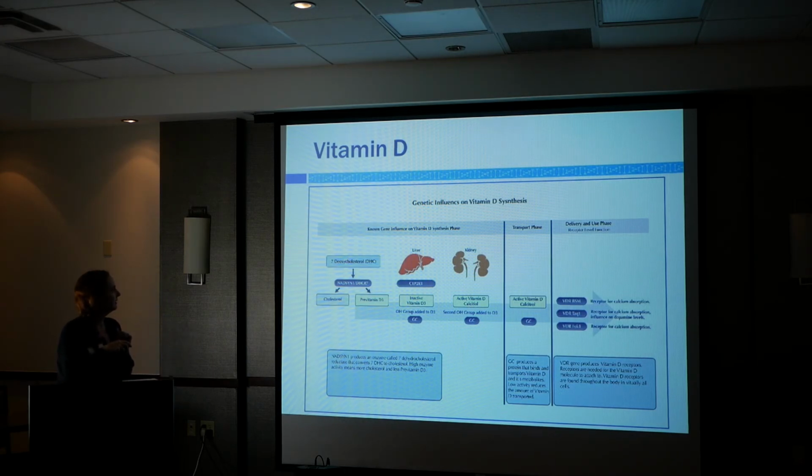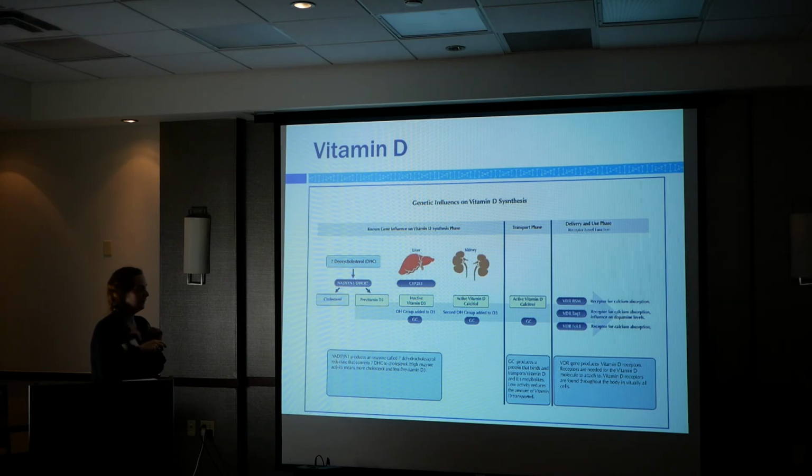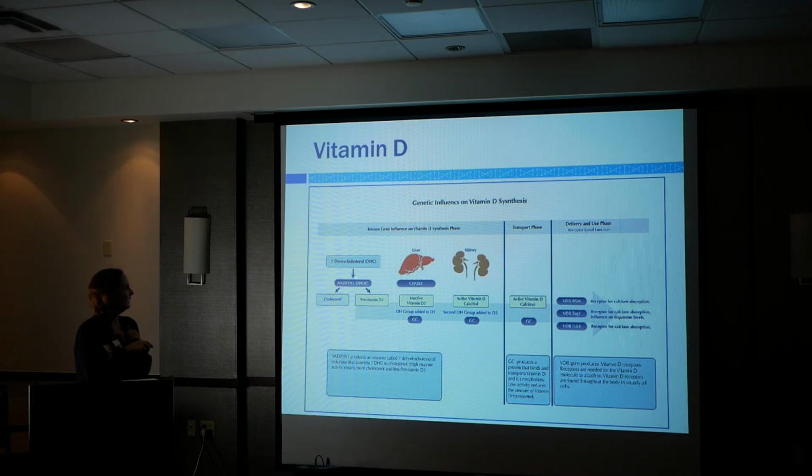So this is the precursor to vitamin D. This enzyme can make it go over here to cholesterol more than making it go over here to the pre-vitamin D precursor. This enzyme, CYP2R1, is incredibly interesting.